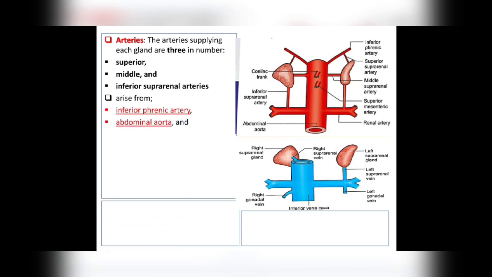They arise from the inferior phrenic artery. From inferior phrenic arises superior suprarenal, and from abdominal aorta arises middle suprarenal, and from renal artery arises inferior suprarenal respectively.